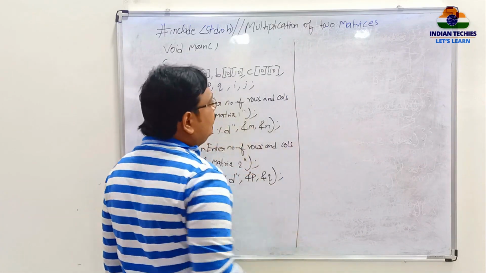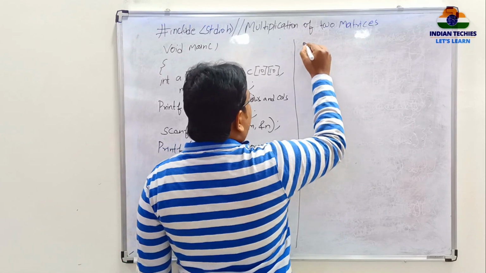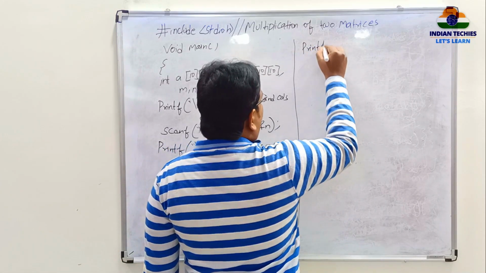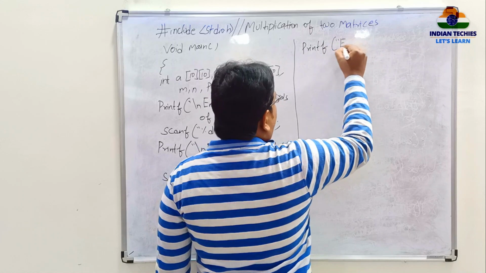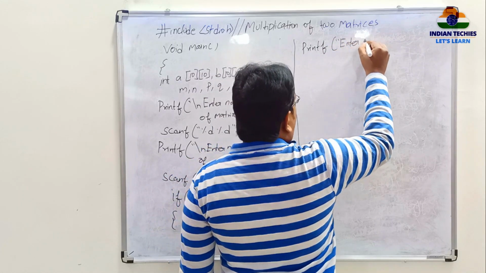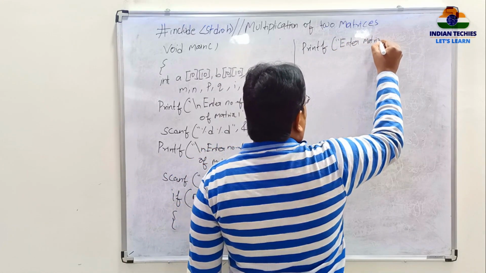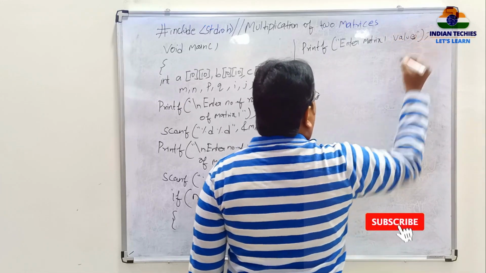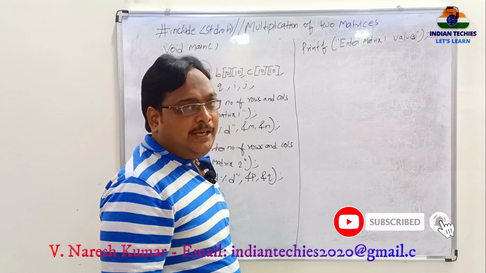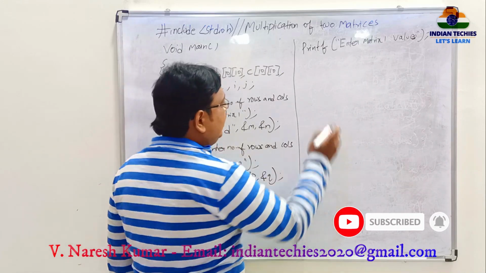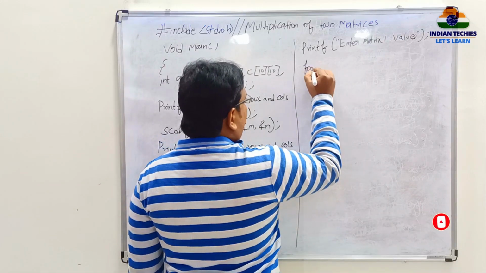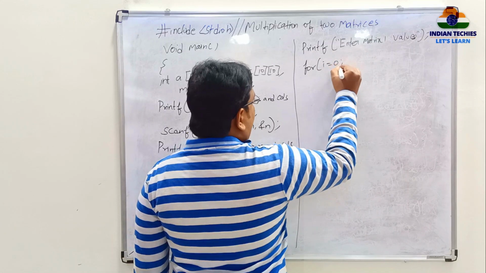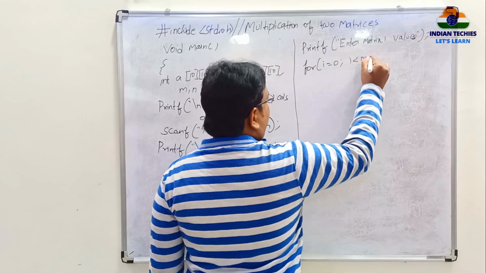Then take input for the first matrix, that is printf, enter matrix 1 values. You are going to enter. So how do you enter for a two-dimensional array? With a for inside a for, that is a nested for loop. For i is equal to 0, i less than the number of rows, m, of the first matrix.